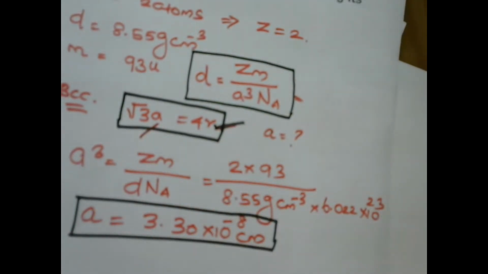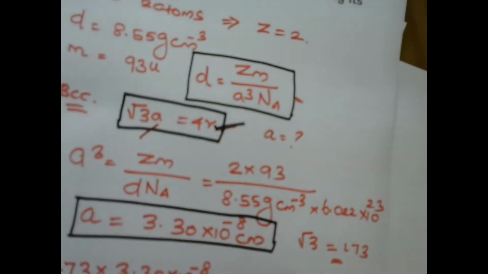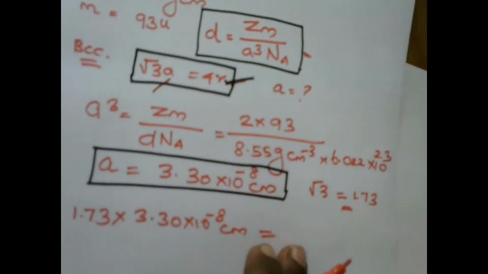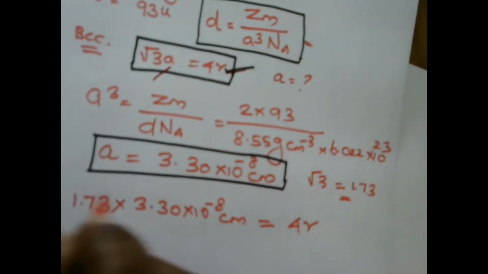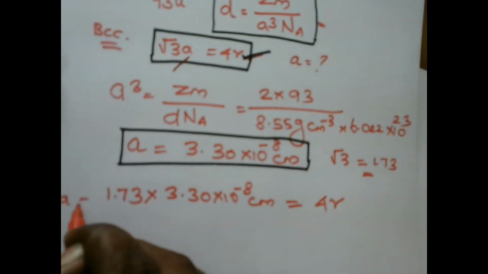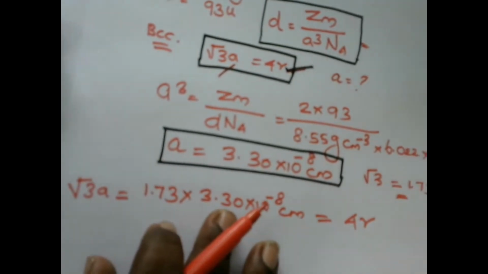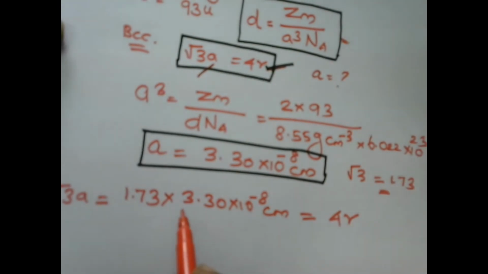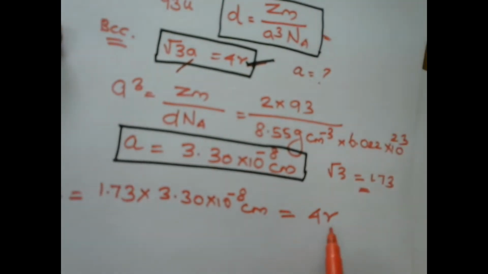For simplification, the value of root 3 is 1.73. So substituting the values here, 1.73 into A, that is 3.30 into 10 to the power of minus 8 centimeter, is equal to 4R.